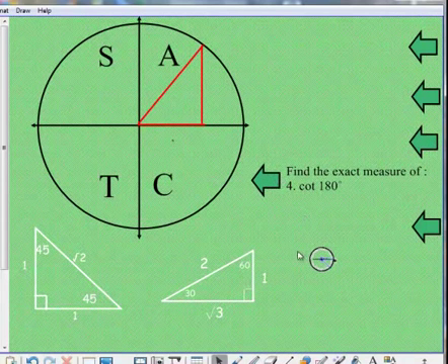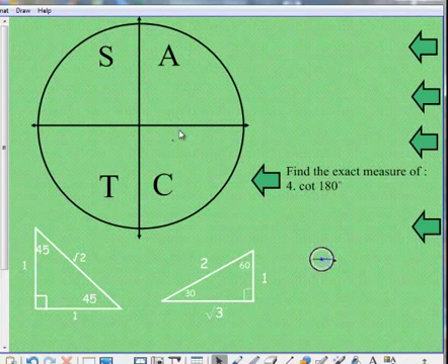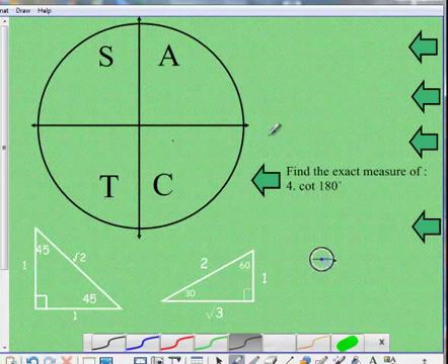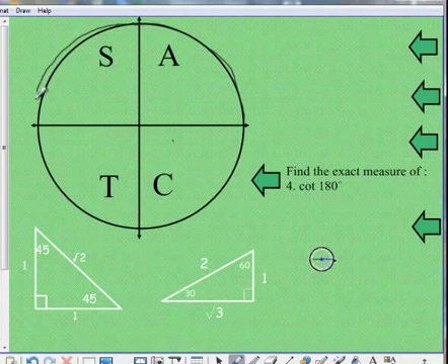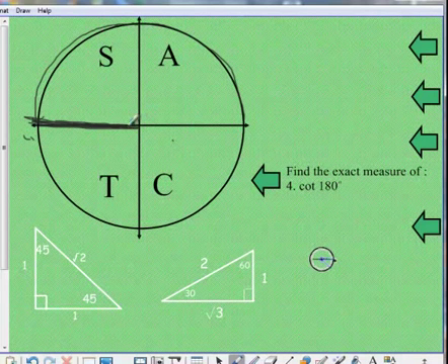Find the exact measure of the cotangent of 180. Well, I got the hang of this. 180 degrees means I end up right here on an axis. I don't create a triangle.